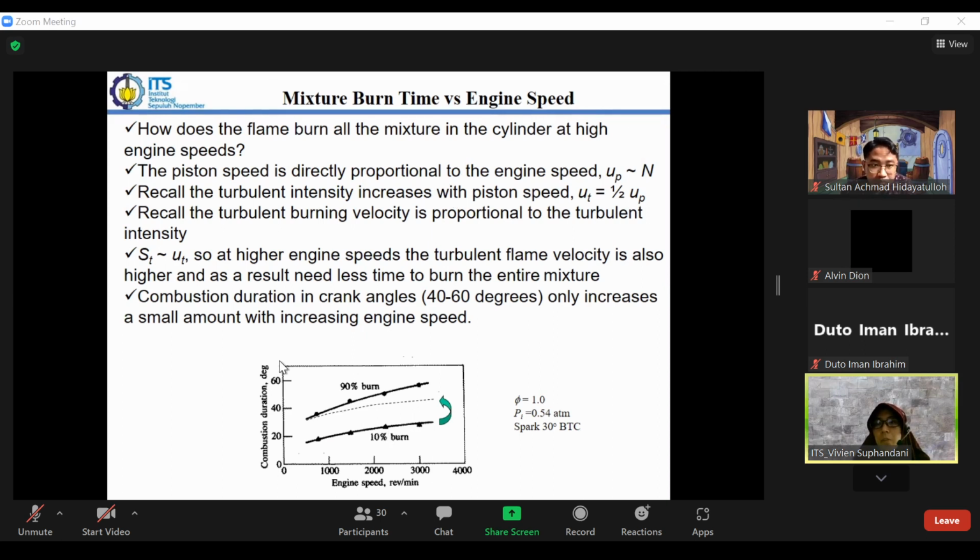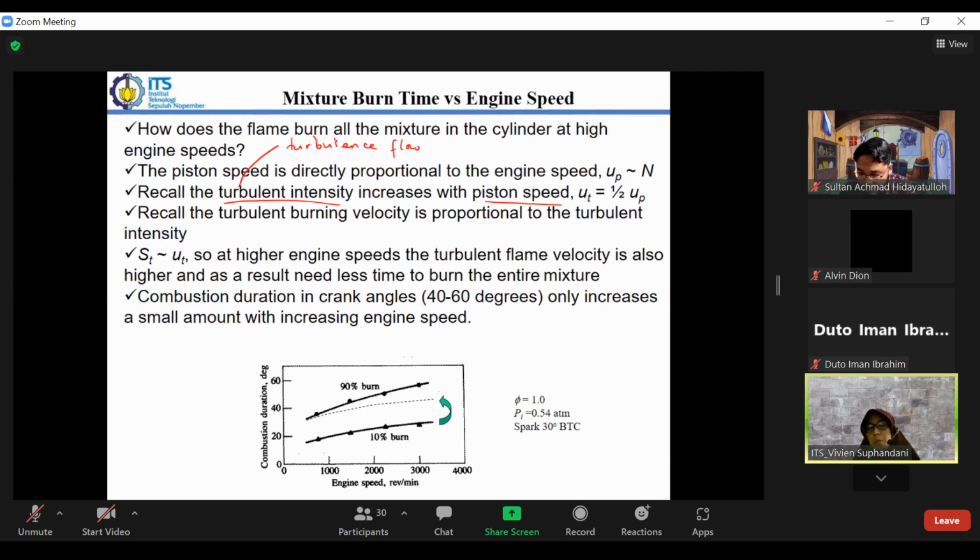When we talk about flow, this relates with fluid flow as well. So if we have higher piston speed, we will have higher turbulence intensity. This is dealing with turbulence flow.